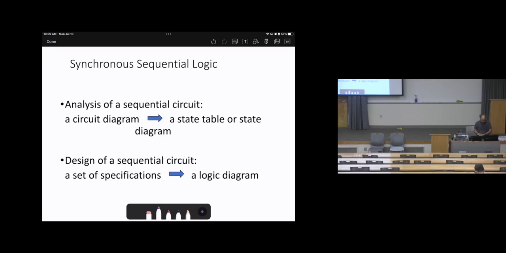For sequential logic circuits, we need some analysis and a new tool in order to plot a circuit diagram. We need something called a state table or state diagram. This is very important, very essential for our design. Before making our own design, we need to determine the state table or state diagram, because this will regulate our answers.